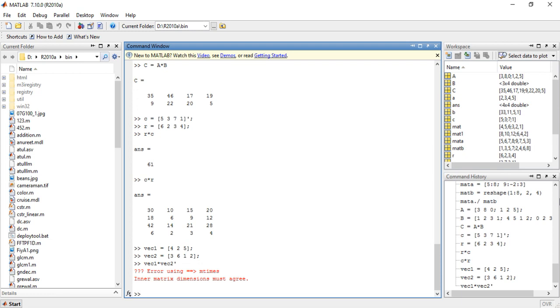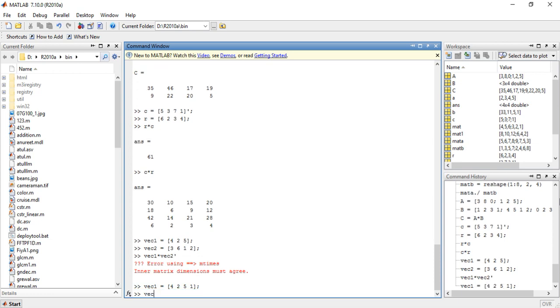What I have done is I have mistakenly taken vector 1 as 3 columns, but we have to choose 4 columns because both vectors should have the same size. So I'm writing the command again to multiply by vector 2 dash.